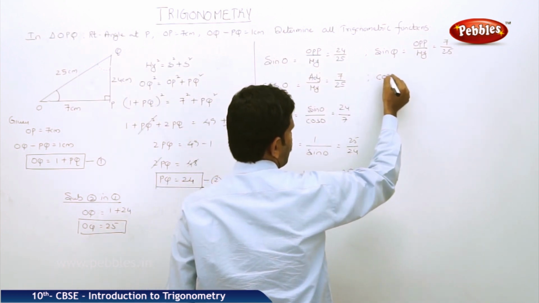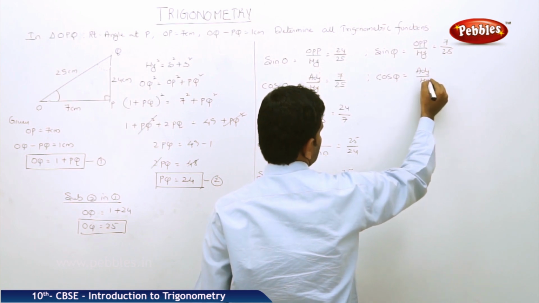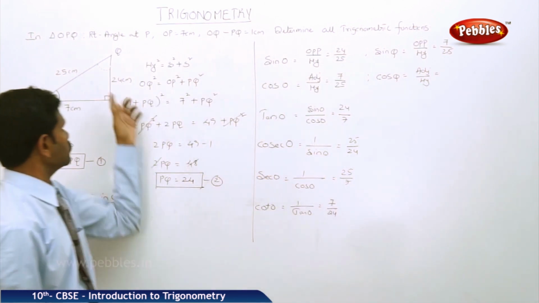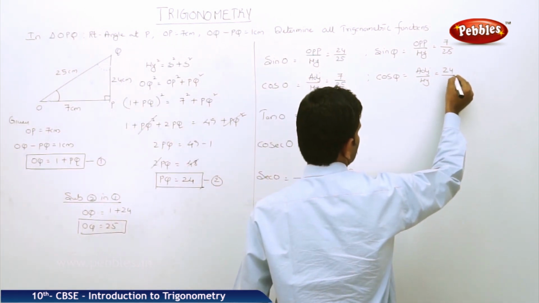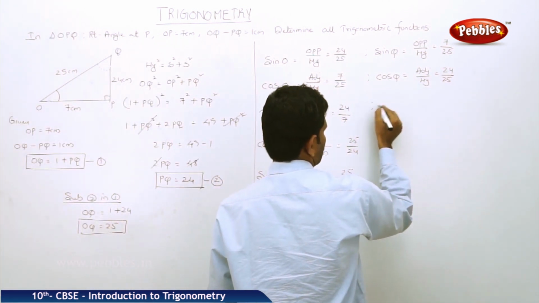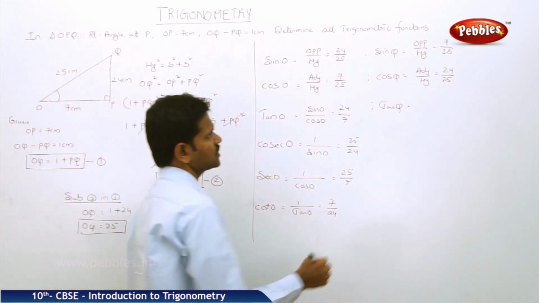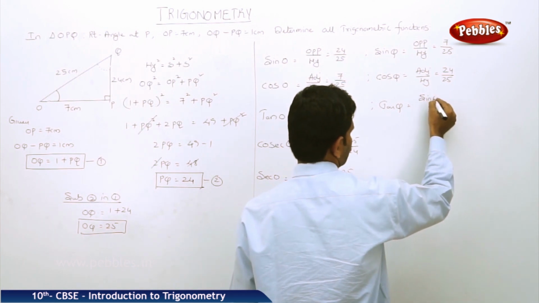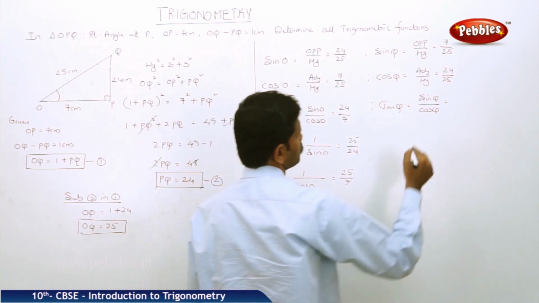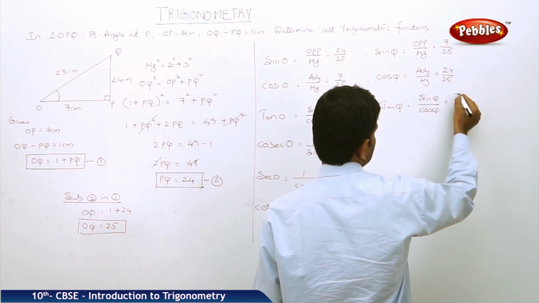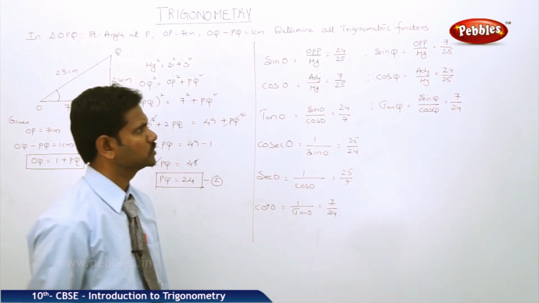Now cos Q is adjacent by hypotenuse. The adjacent side to Q is 24, so 24 by 25. Next, tan Q is sin Q by cos Q. 25 gets cancelled, so 7 by 24 is the value of tan Q.